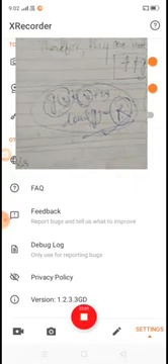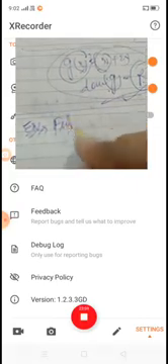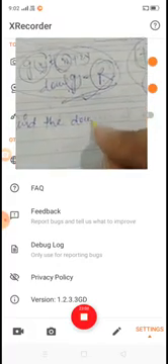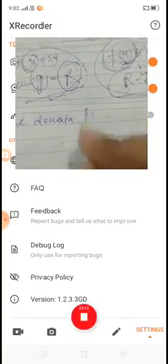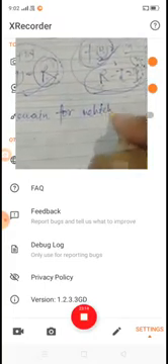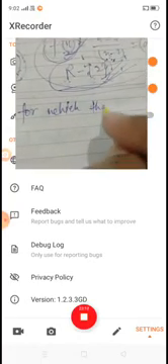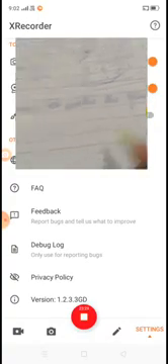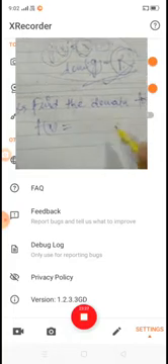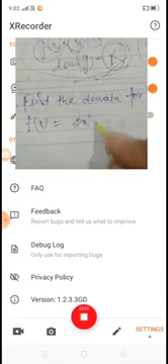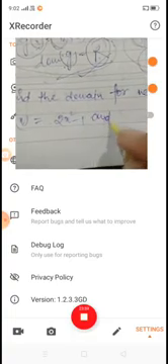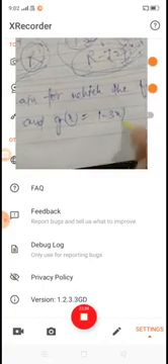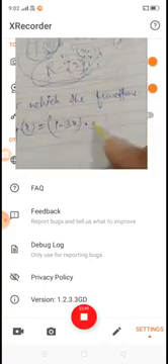Find the domain for which the functions f(x) is equal to 2x square minus 1 and g(x) is equal to 1 minus 3x are equal.